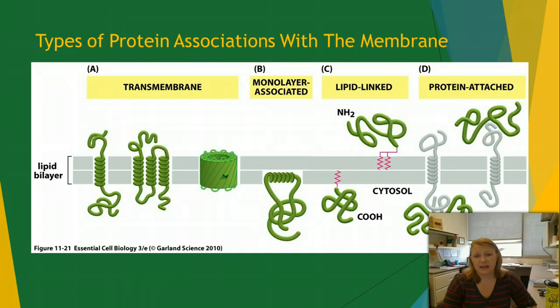And then we have protein attached, which is where there's another protein that binds to a transmembrane protein or something else that's attached to the membrane. Just like I mentioned on the importance of membrane proteins and knowing what their functions are, it's important to understand how they can be associated with the membrane. So make sure that you are comfortable with these and you are able to list these out, because these are things I expect you to know.